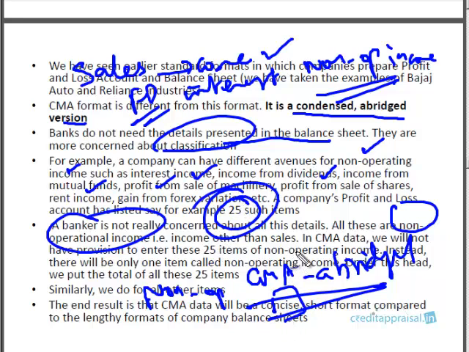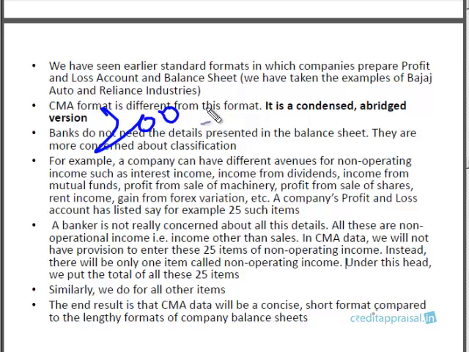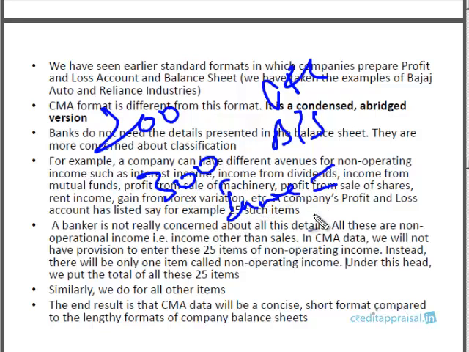So in the process, what happens is a company's P&L account and balance sheet might have hundreds of entries. For example, a company might have say 200 items in the P&L account, some 300 items in the balance sheet. I'm speaking of individual items, like say, take for example income. It might have so many different products, product 1, product 2, product 3, like that. Similarly, we spoke of non-operating income. We spoke of then say some other manufacturing direct expenses. There are so many of them.